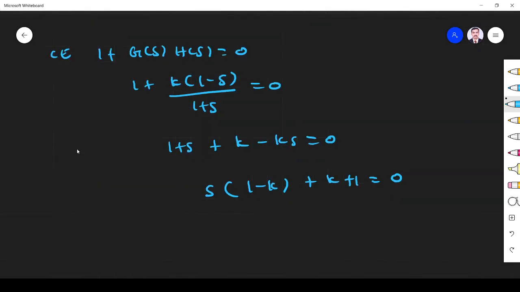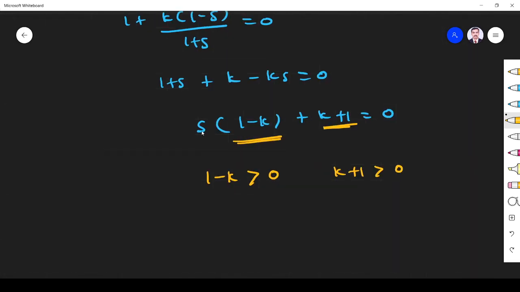For the system to be stable, all the coefficients should be positive. So 1 minus k must be positive. The constant term must also be positive as per Routh Hurwitz criteria. So the coefficient of s should be positive and the constant term should also be positive. That means all the signs should be positive.